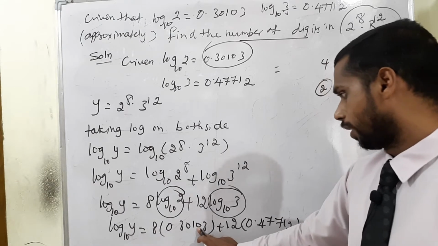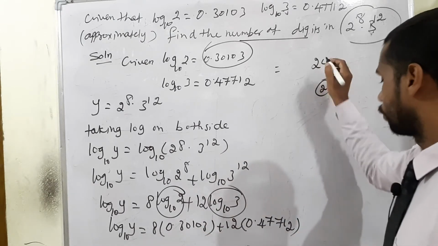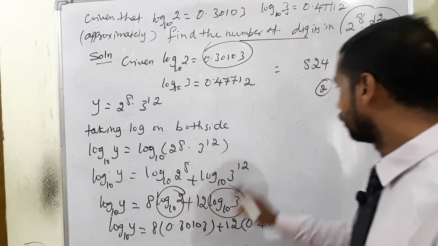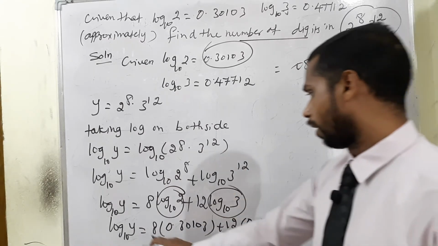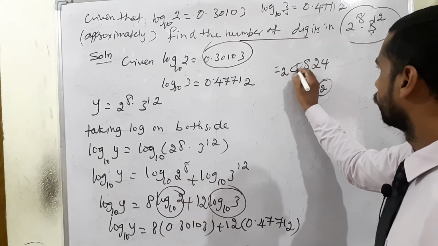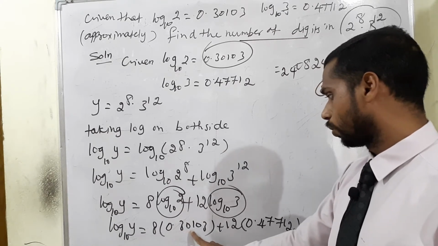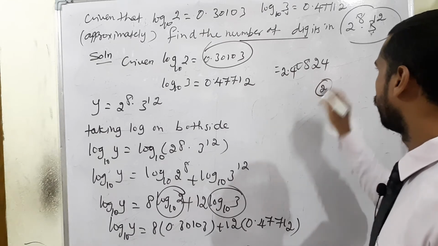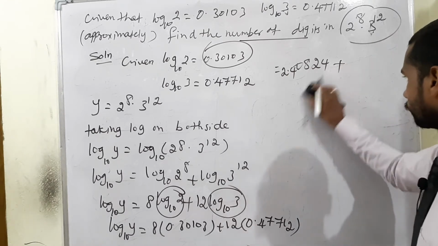Again 8 into 0, 0, plus 2, 2. 8 ones are 8. Again 8 into 0, 0. Last, 3 8s are 24. After the decimal point 1, 2, 3, 4, 5. So 2 point.